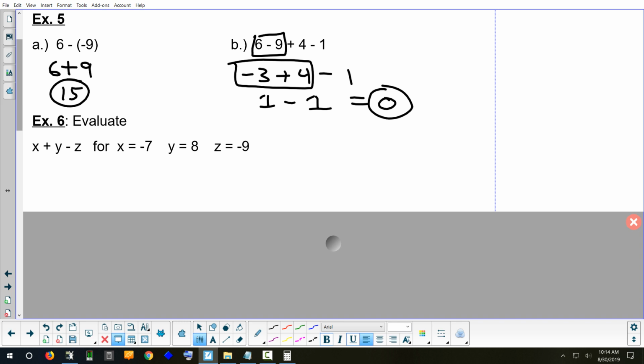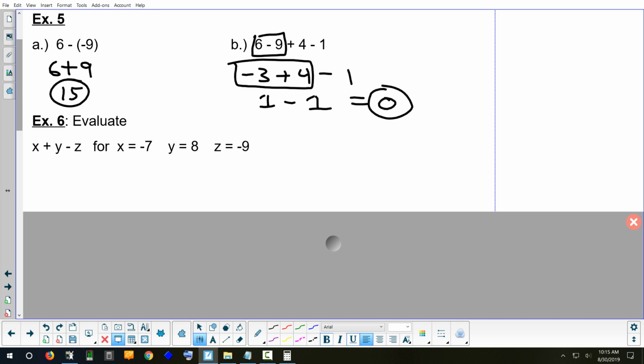What do you have to do when you evaluate? Very first thing. Is it Lucas? Yep. Plug in. So anytime you see evaluate, first thing you got to do, plug in.